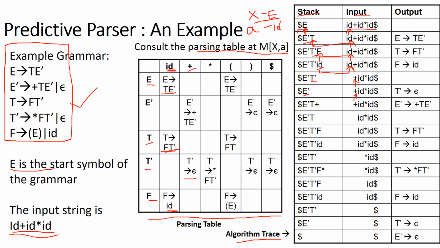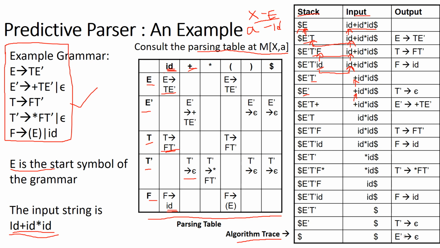So now we have E dash as the top of the stack and plus is the current input symbol under consideration. Therefore the parsing procedure again consults the parsing table at the location E dash and plus.